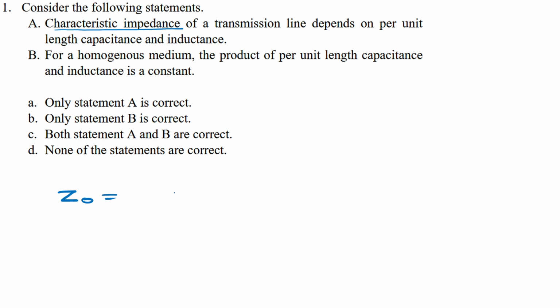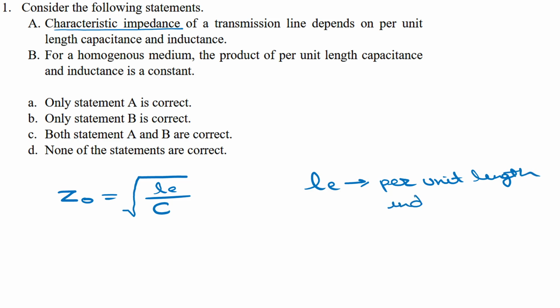This is the characteristic impedance, and the formula we have seen in the week 6 lectures is Z0 equals square root of L_e by C, where L_e is the per unit length inductance, and C is the per unit length capacitance.